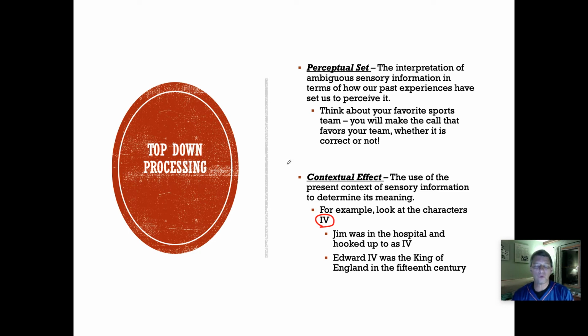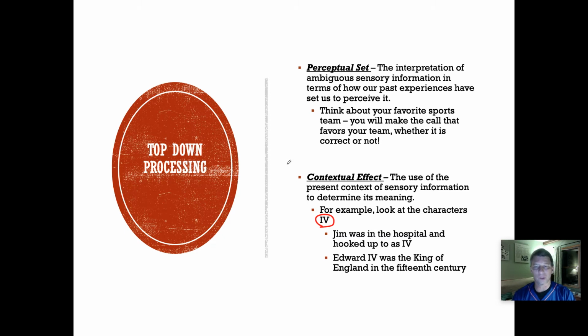So if you read the sentence, Jim was in the hospital and hooked up to an IV, there you're using those two symbols as letters, and it stands for intravenous.